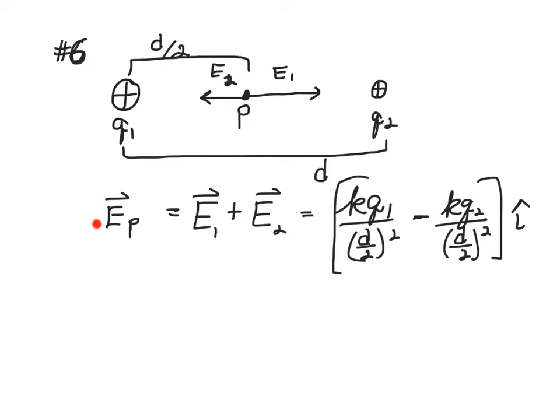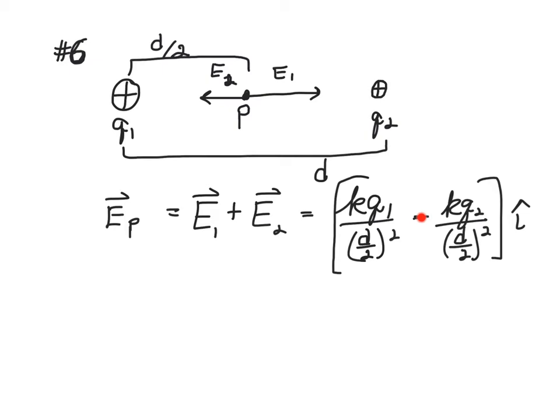So the total field at point P is going to be the sum of 2 vectors. I put the vector symbol over these, and I put the plus sign here because we're adding vectors. I haven't put the direction in yet. But when I write the equation out, E1 is going to be KQ1 over D squared, and it's positive. Why? Because I know that from the figure.